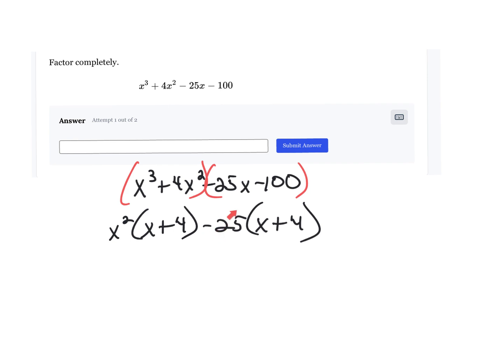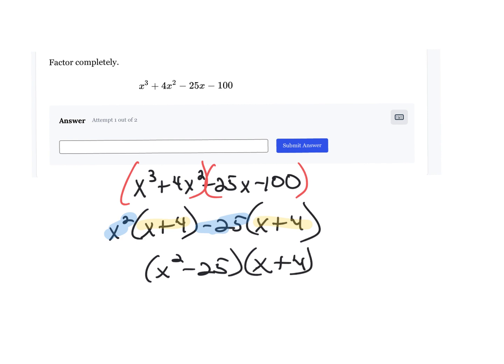Negative 25 times x is negative 25x, and negative 25 times 4 is negative 100. Then again, you see the common binomial of x plus 4, and you see the other two terms that we can put together. So it's x squared minus 25 times x plus 4.